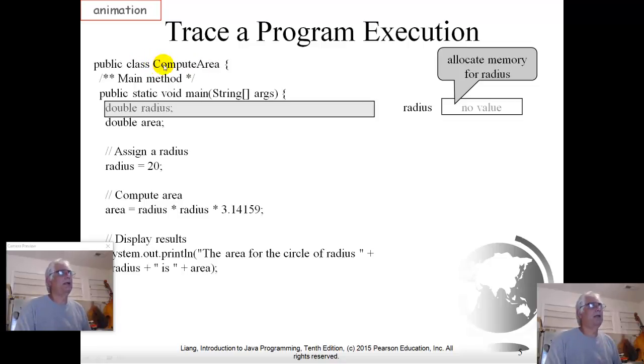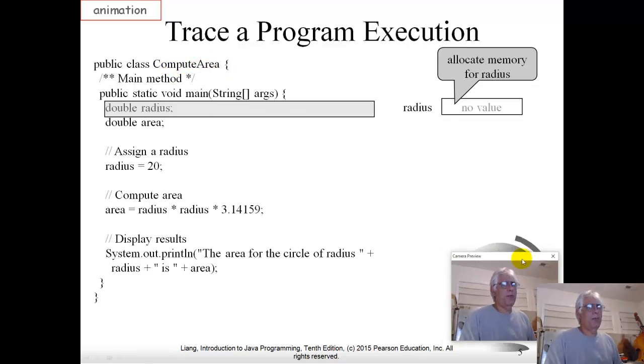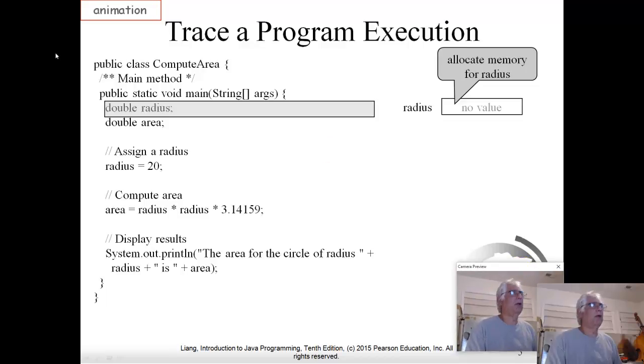Uppercase C, lowercase o, m, p, u, t, e, uppercase A, etc. What is the scope of our class? Let me move the video over here. This class exists between this curly brace right here and this curly brace right here. Everything else is contained in this class.